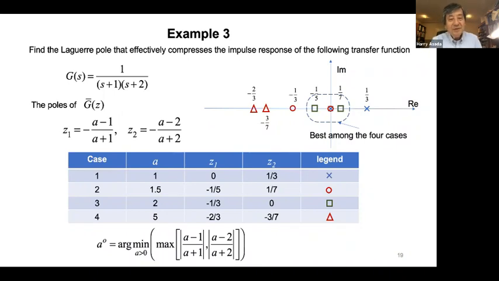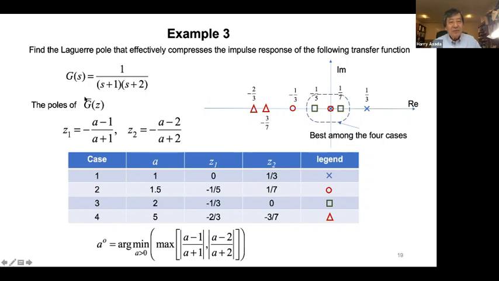Okay, two poles, right? I just want to show you that the exact value is not necessary, but if you have a value somewhat close to it, that makes a big difference. Okay, so let's assume this and then work out where to locate that a bar, right?